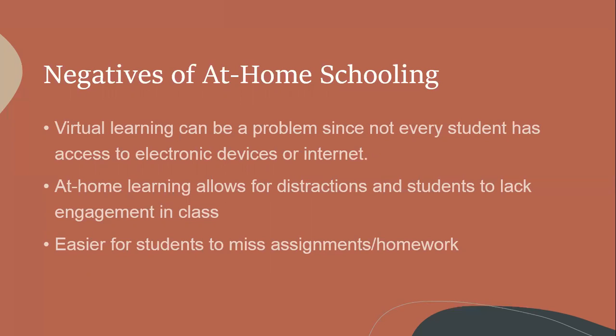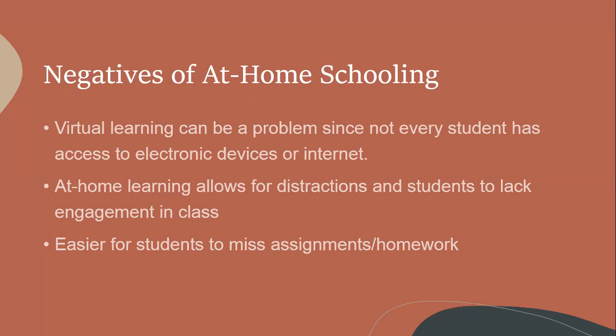At-home learning allows for distractions and a lack of engagement in class. A lot of distractions are going on. A student could just join the Zoom call, not even turn on their camera, and wander off and be on their phone or watching TV. Sleeping could be another thing that could make them lack engagement in class.